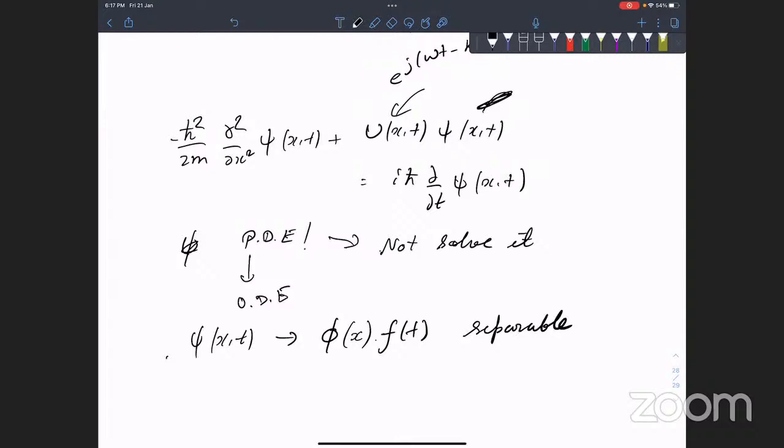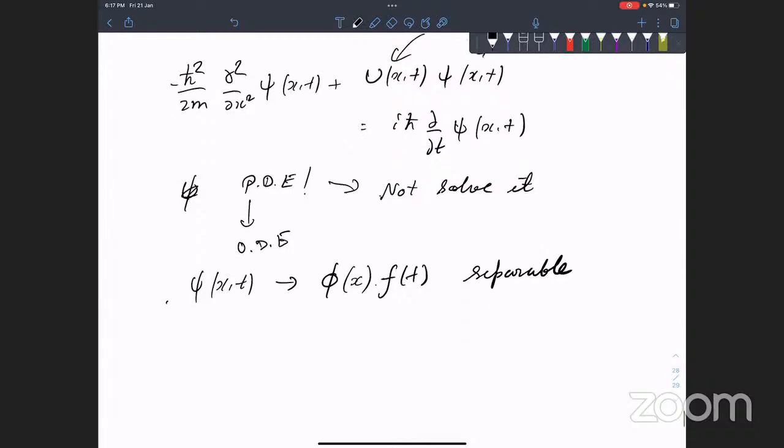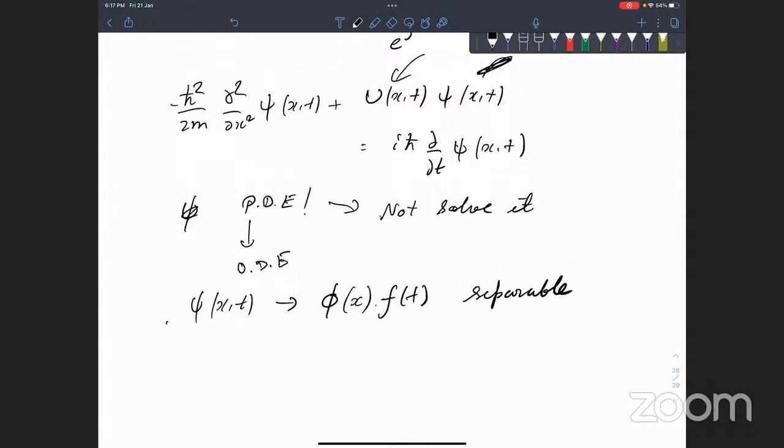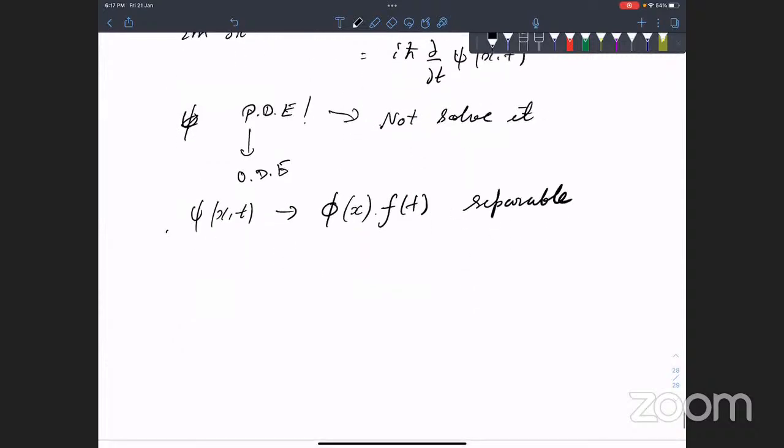In fact, this is exactly what happens when you take a proper quantum mechanics class in physics. They first try this way of solving things. Let us remember, in any equation, we guess a solution and see how it works out. So let's do that.